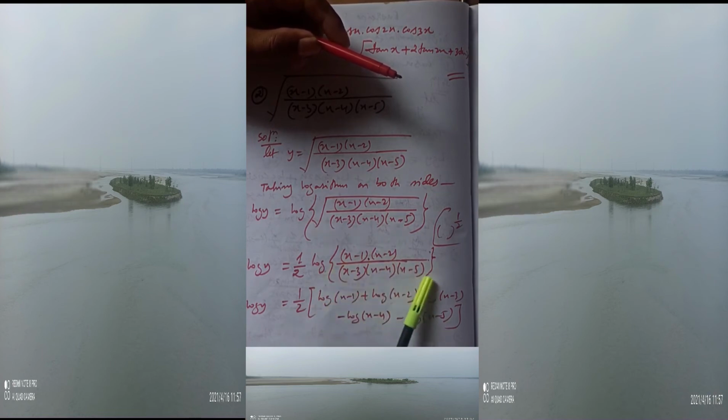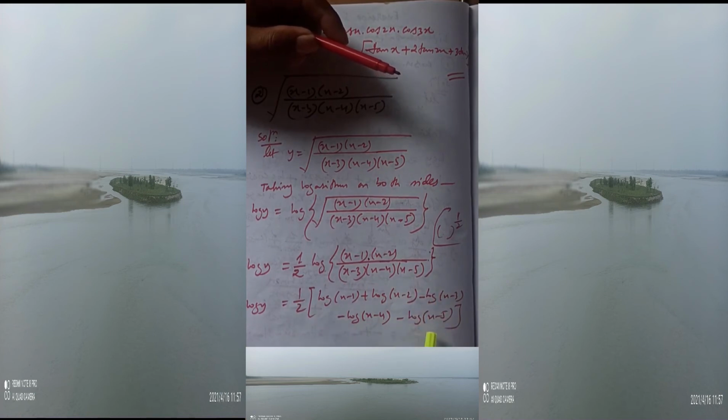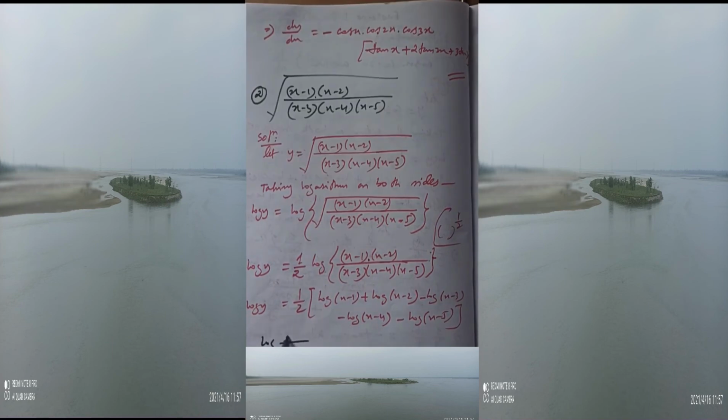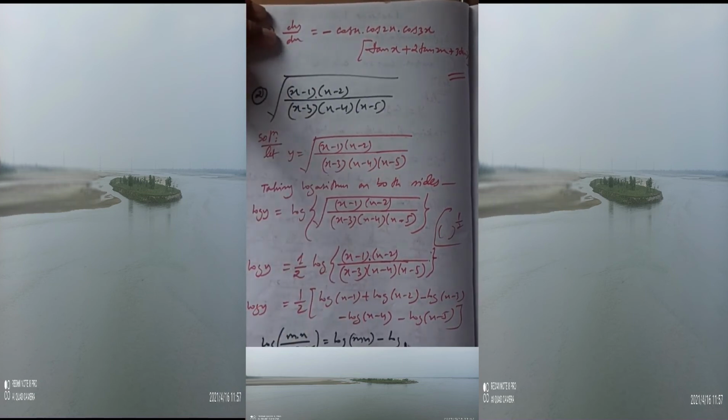All will be in plus as product, but minus will come, minus of the bracket of log p plus log q plus log r, and that minus will give us minus of this, minus of this, minus of this. Suppose this is mn and this is pqr, then it is log mn minus log pqr.